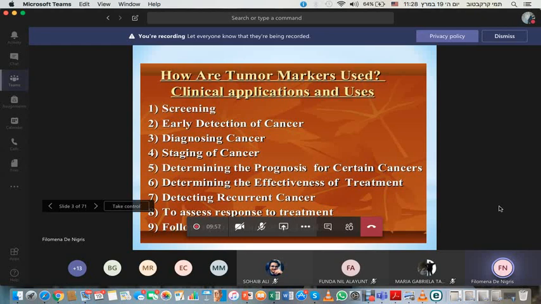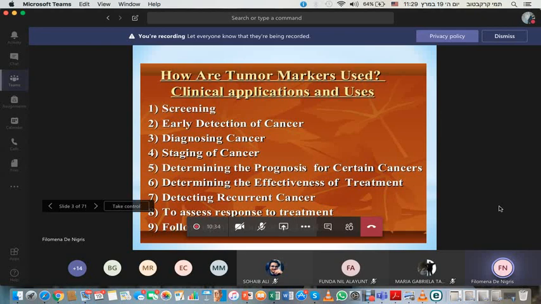We also have markers to detect the presence of cancer very early, before any other instruments. We have markers to make a diagnosis. Generally, the markers present in serum or in blood are not for diagnosis. They can help to make the right diagnosis, but by themselves they are not enough.